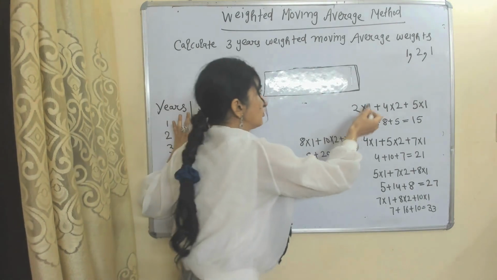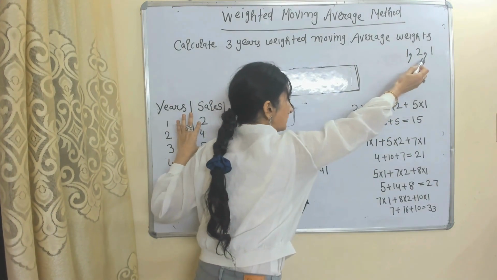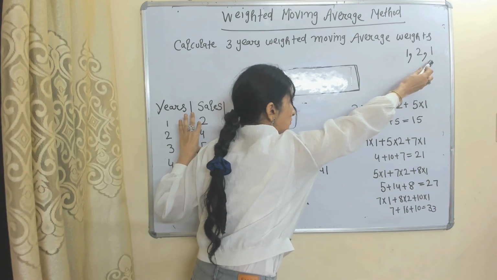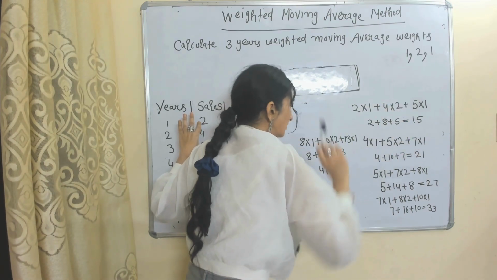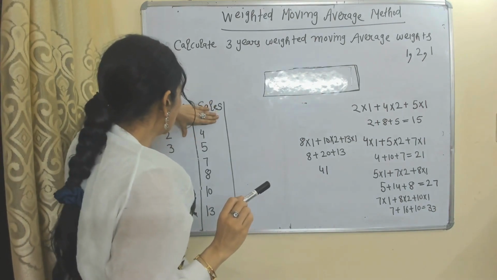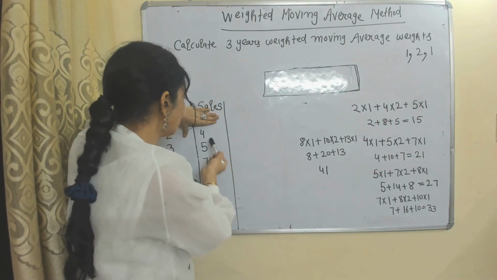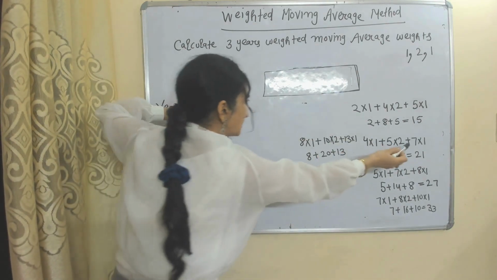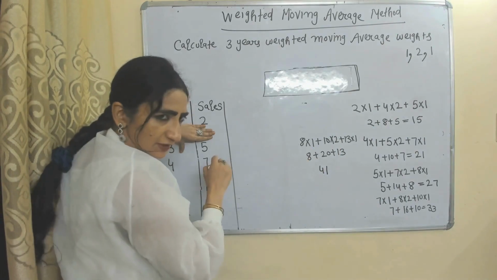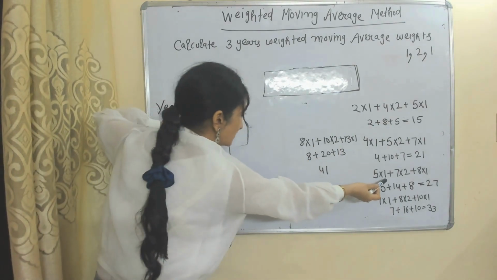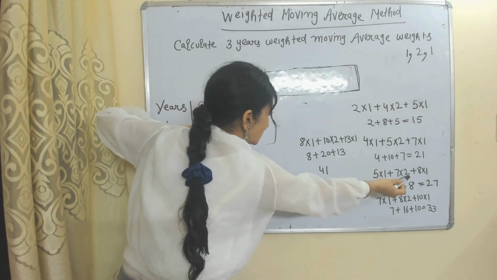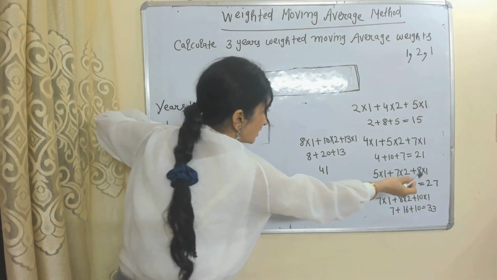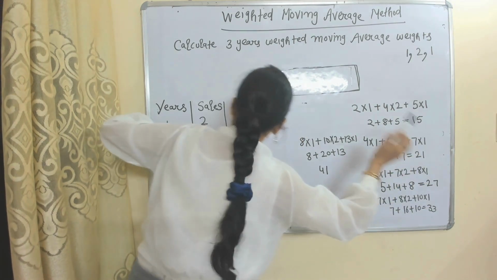That means 2 multiply with 1, 4 multiply with 2, 5 multiply with 1, and then we add, it will become equal to 15. Leave one number from above, same way. 4 multiply with 1, 5 multiply with 2, 7 multiply with 1. Leave one number from above, 5 multiply with 1, 7 multiply with 2, 8 multiply with 1, it will become equal to 27.